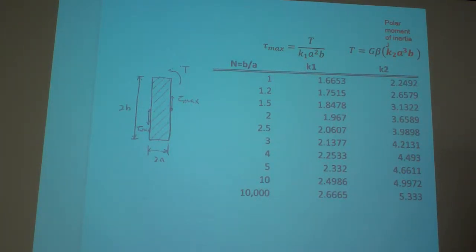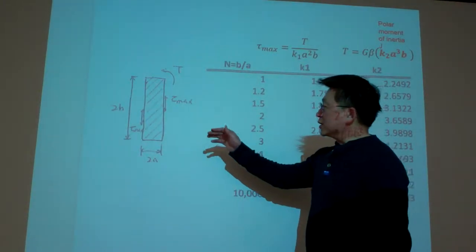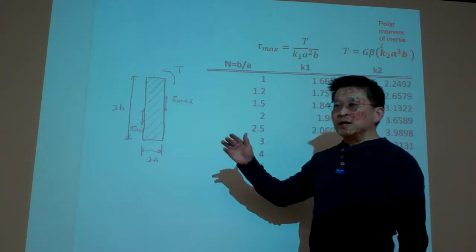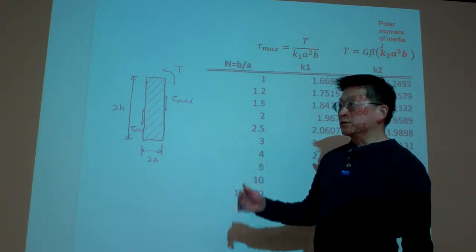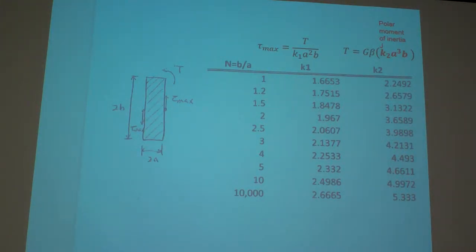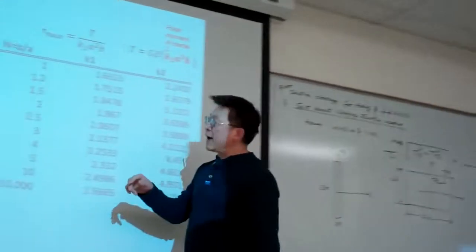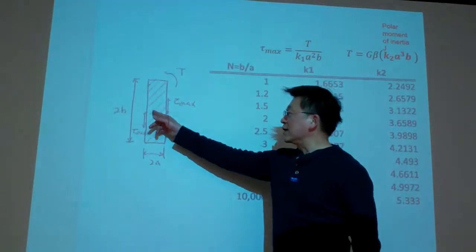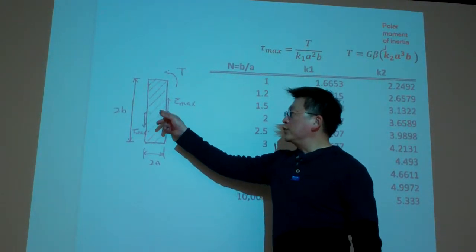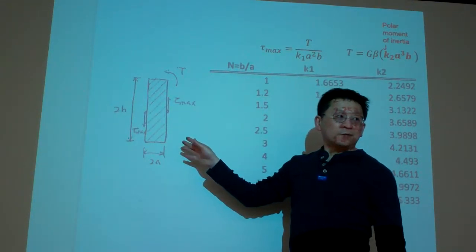The one final thing I want to tell you, from the contour plots and all the evidence, either graphically or by detailed calculations, is that the maximum stress happens here and here. That is the middle of the long dimension side.